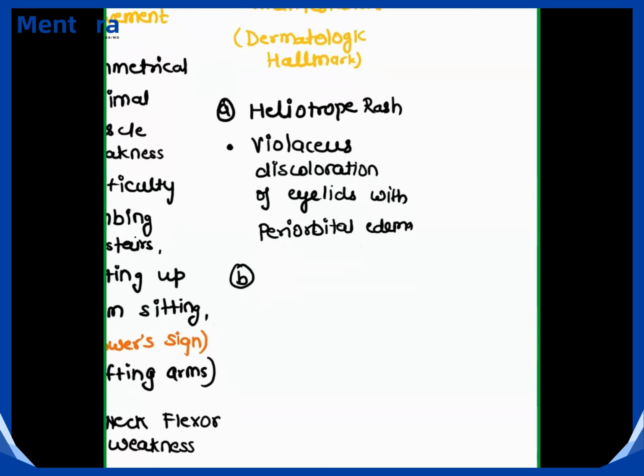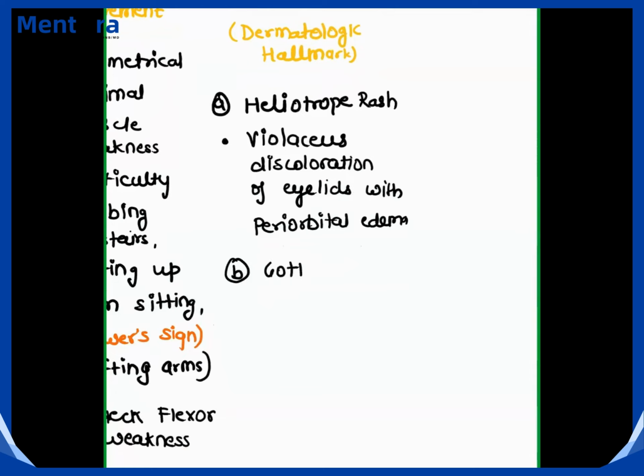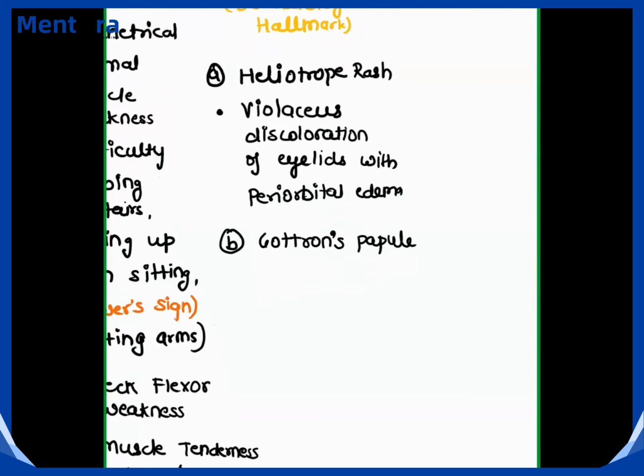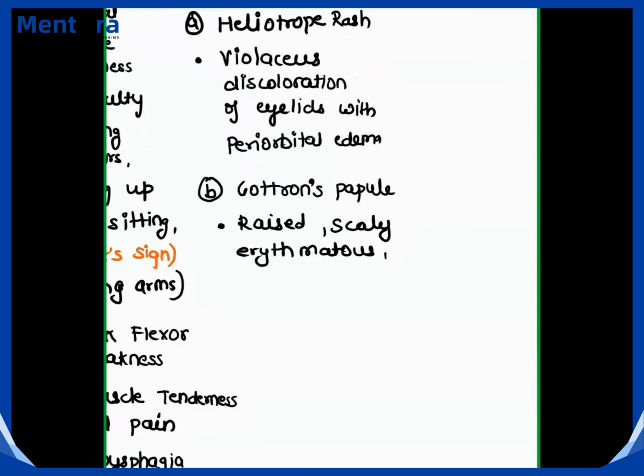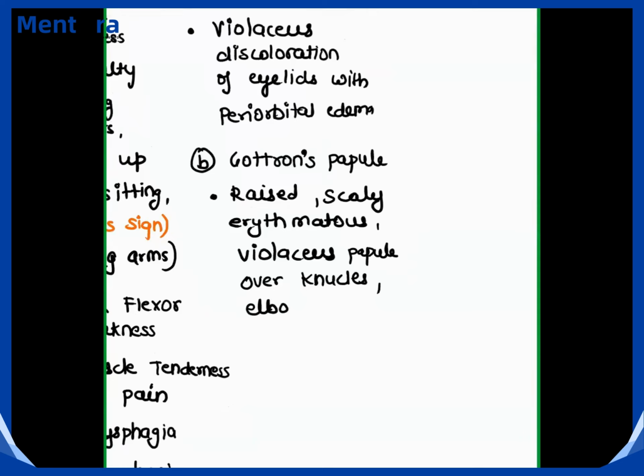Second characteristic dermatological finding is Gottron's papule. There is a raised, scaly, erythematous, and violaceous papule over knuckles, elbows and knees.